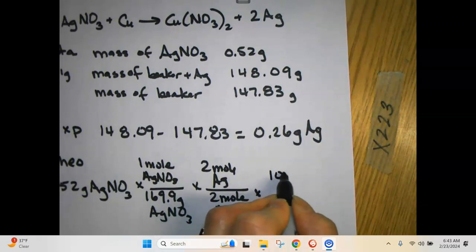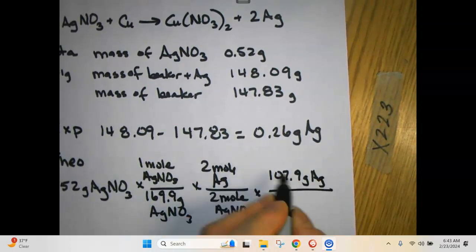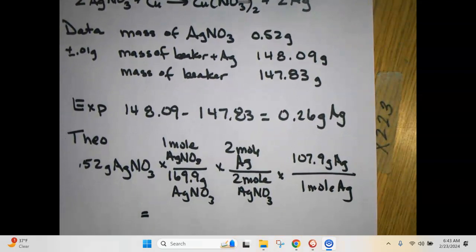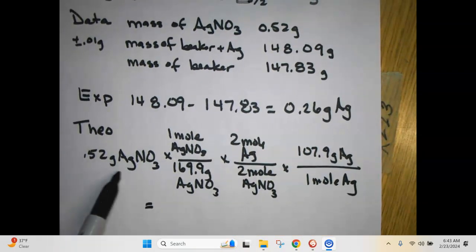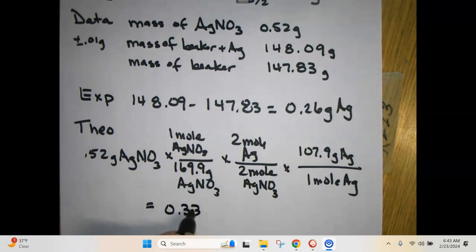So I know that a mole of silver is 107.9 grams. When I do that math, I find out that if all of the silver nitrate that we used reacted and there was no error at all, the mass I should have gotten was 0.33 grams.